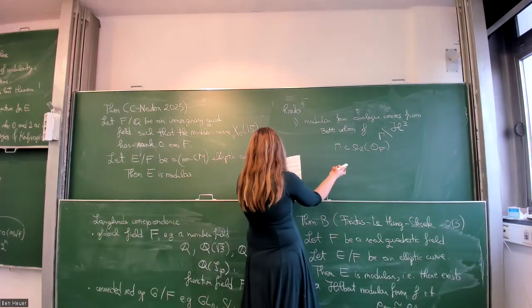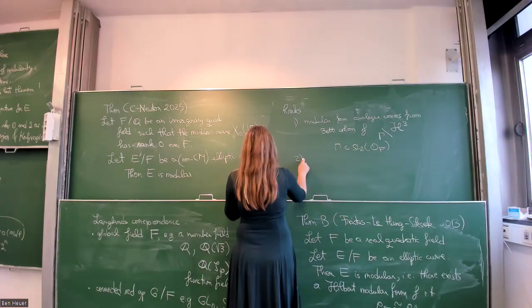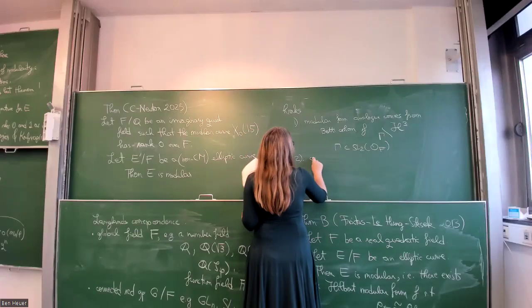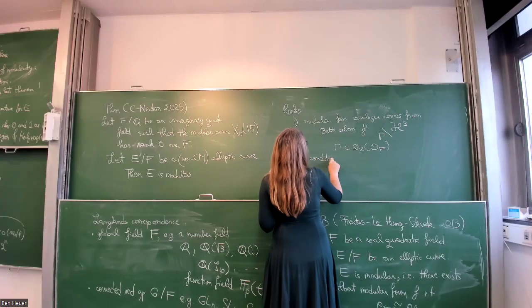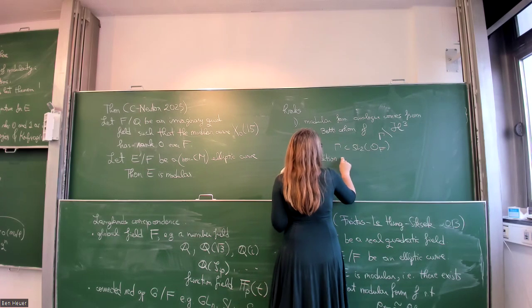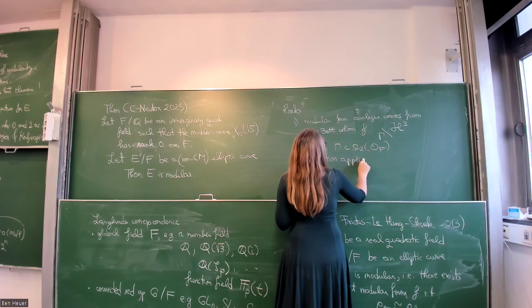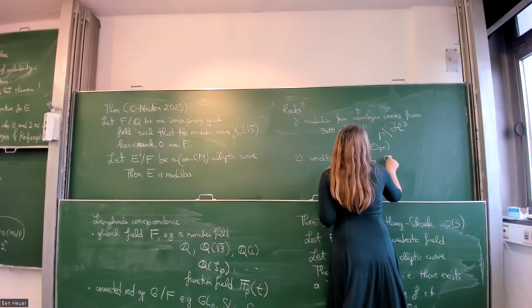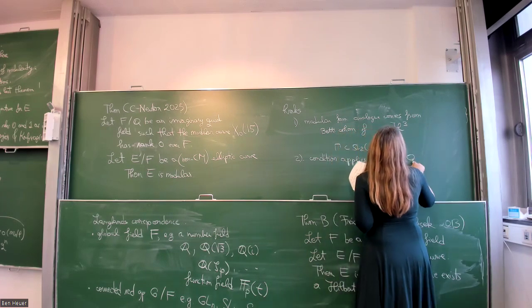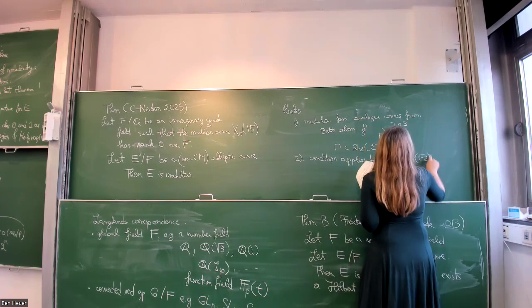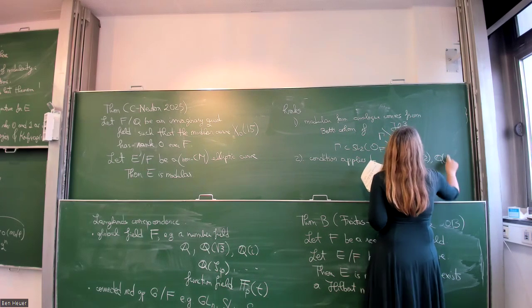So that's one thing. Maybe another thing is that the condition in the theorem, on the rank of this elliptic curve, applies to Q(i), Q(√-2), Q(√-3).